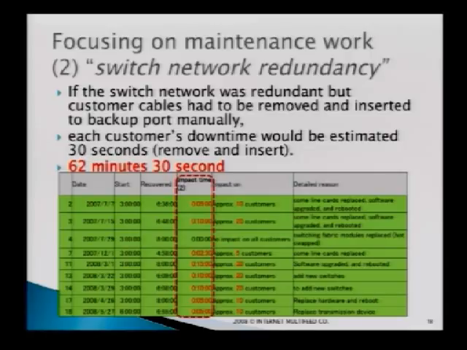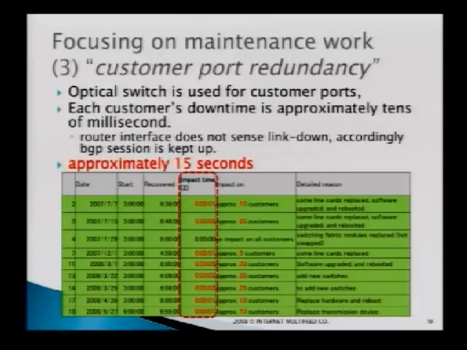So if the switching network was redundant, but there were no optical switches, the downtime would be 62 minutes and 30 seconds. But as I told, we had a redundant network and also optical switches for customers, for ISPs.